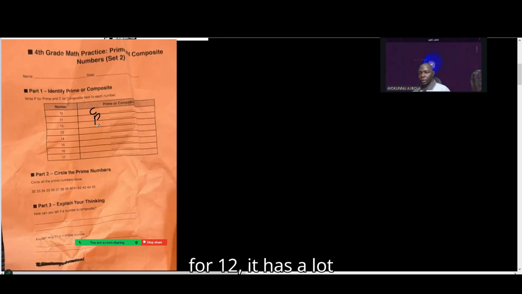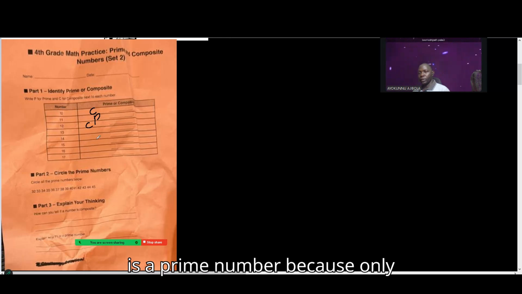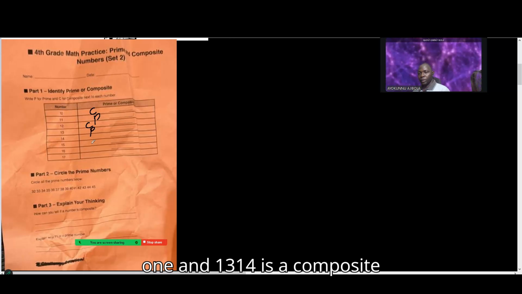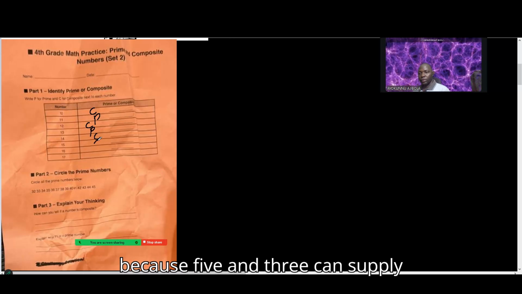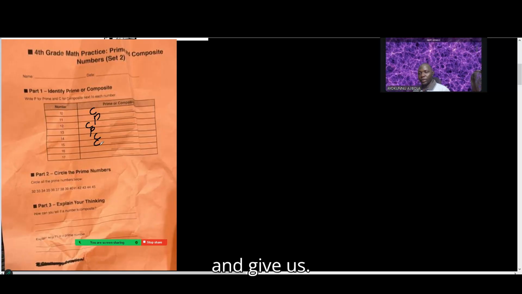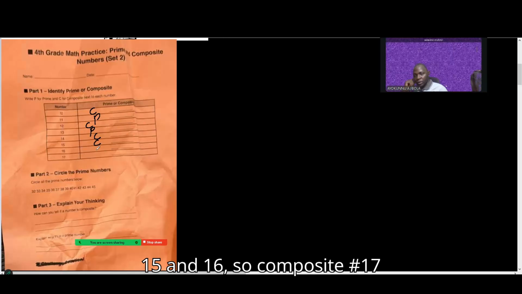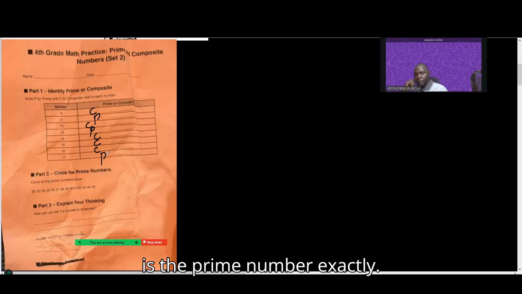Then for 12, it has a lot of factors, so it's a composite number. 13 is a prime number because only 1 and 13. 14 is a composite number. 15 is also a composite number because 5 and 3 can multiply and give us 15. Then 16 is a composite number, but 17 is a prime number. Exactly.